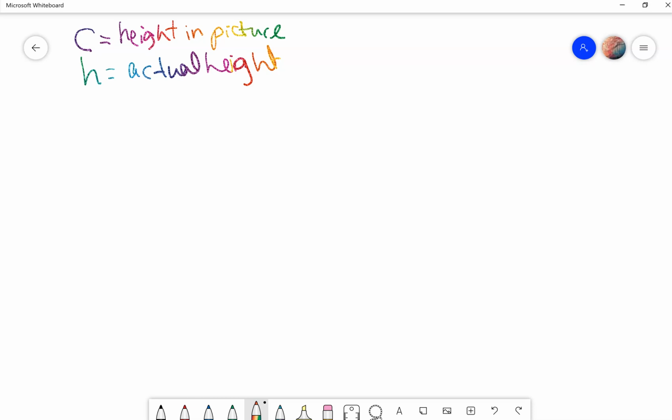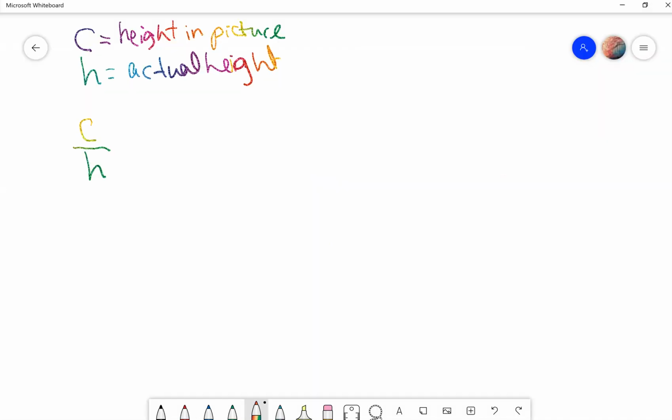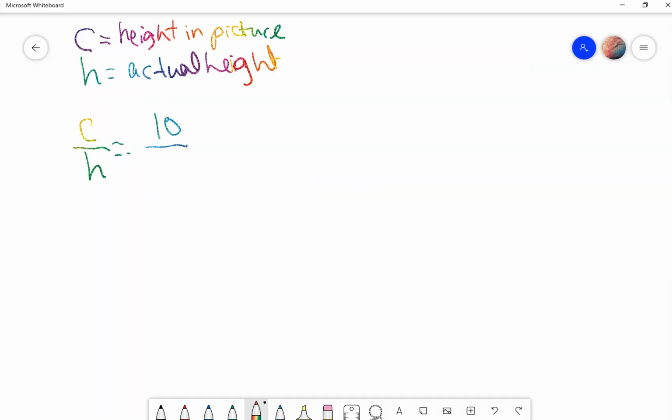So to set this up, I'm going to have C over H. Now we know that for Jill, her picture height is 10, and her actual height is 60.